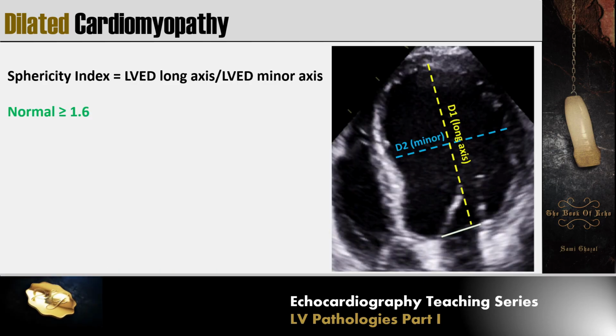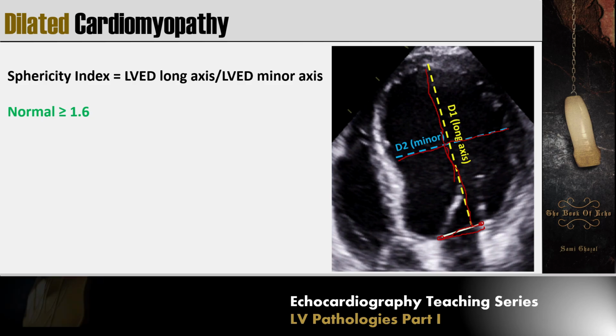Now, also in dilated cardiomyopathy, there is the sphericity index, where you measure at end of diastole the long axis of the LV from the apex all the way to the mitral annulus. See, this is the insertion of the mitral valve, and this is the insertion. If we have a line here, insertion to insertion, then we measure this long axis, and also in the mid wall here you measure the short axis or the minor axis.